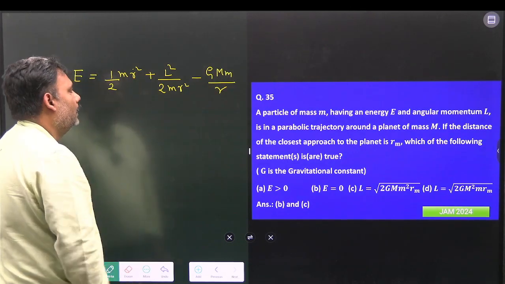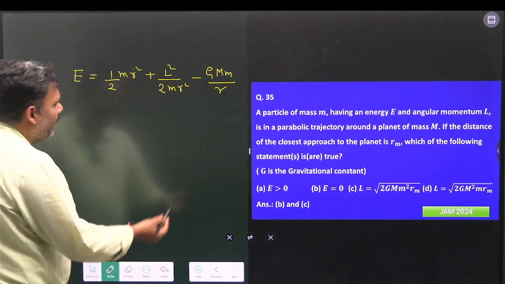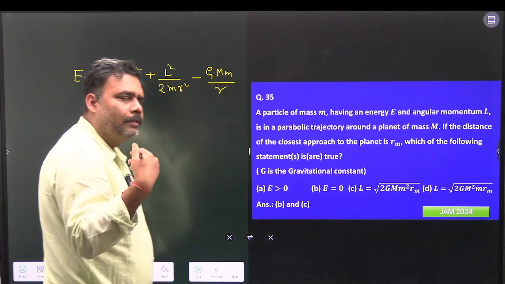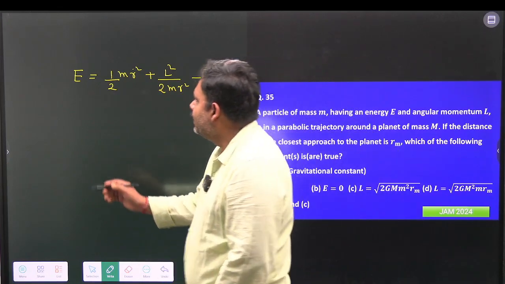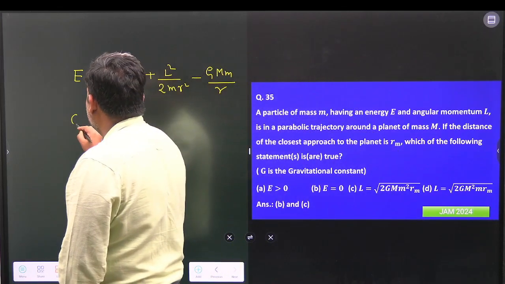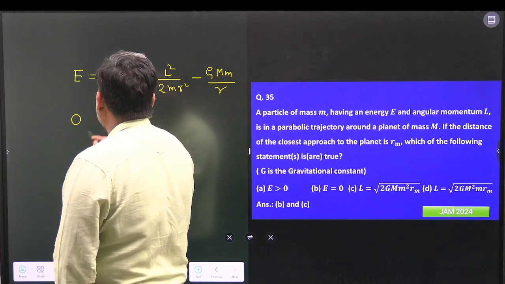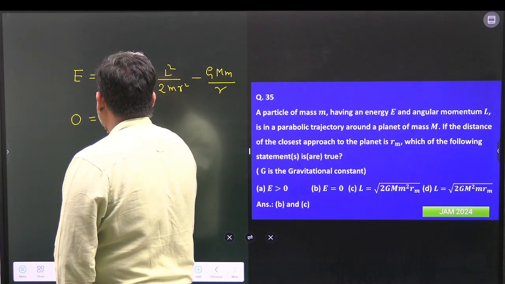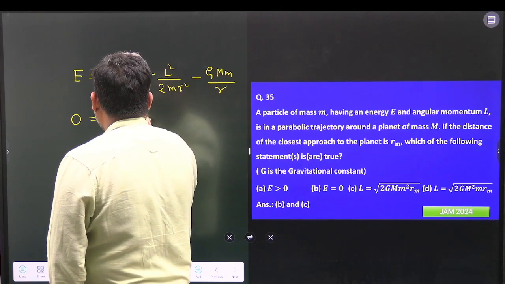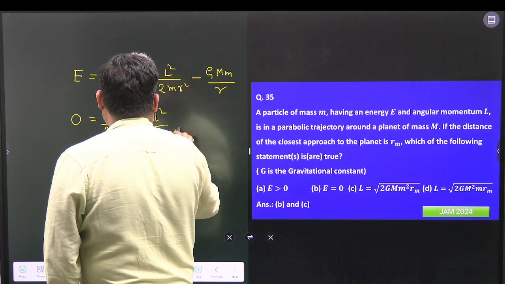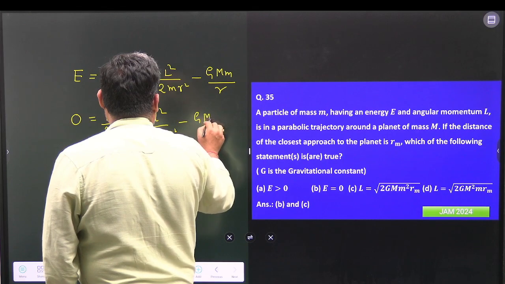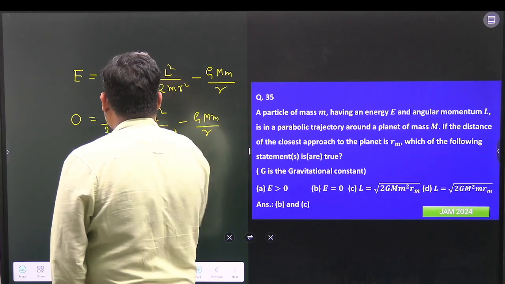This is the total energy of the system, and the total energy in one particular orbit is constant. So I can put this energy as 0, which is for the parabolic orbit, equal to half m r dot squared plus L squared upon 2 m r squared minus G M m upon r.